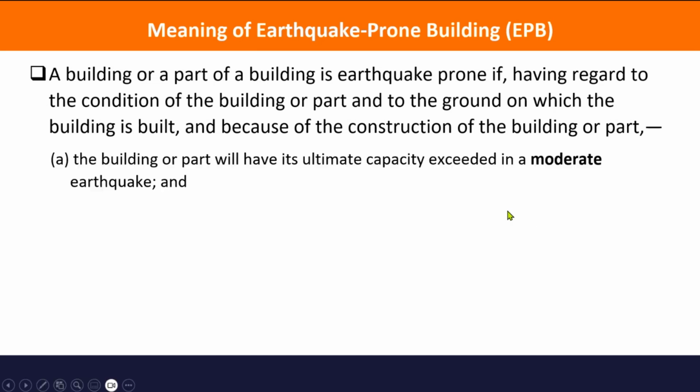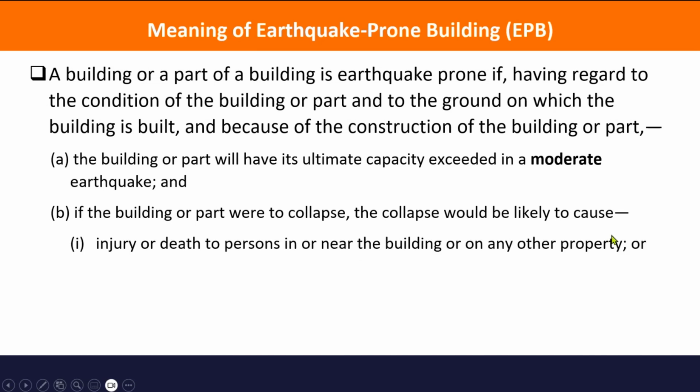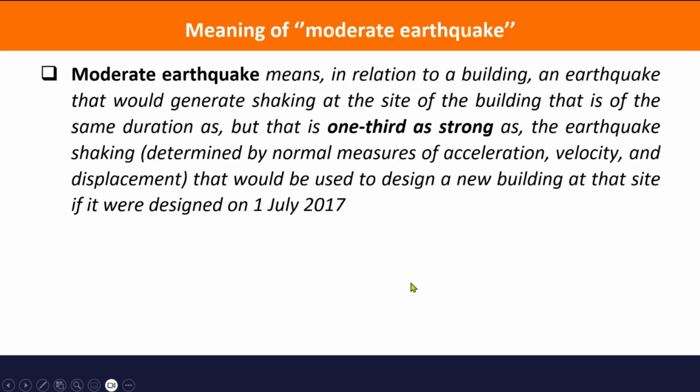You say that when the building or part will have its ultimate capacity exceeded in a moderate earthquake, and if the building or part were to collapse, the collapse would likely cause injury or death to persons in or near the building, or damage to any other property.